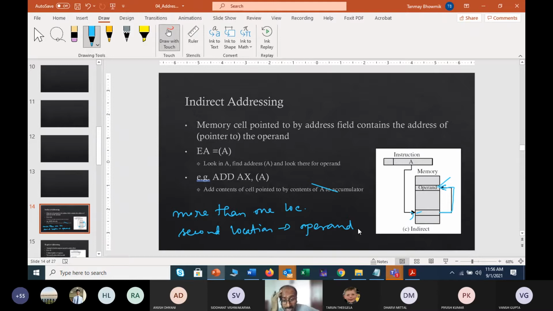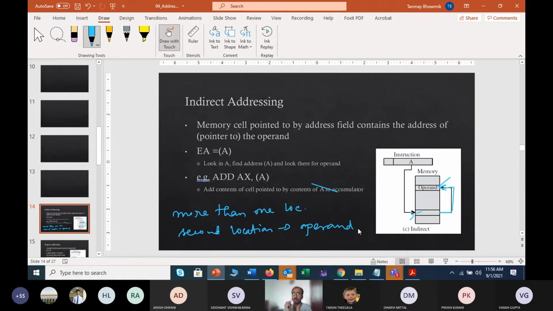Can I move further or should I repeat it? Just think of the example first. First I asked you for any data. This data with you is immediate. This data in your hostel room, you are accessing that particular room. One memory reference, you are accessing direct addressing. Right? Now I need a data.